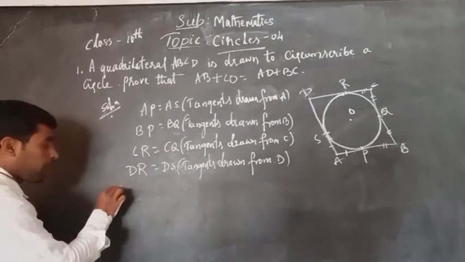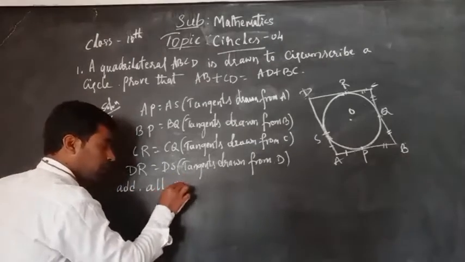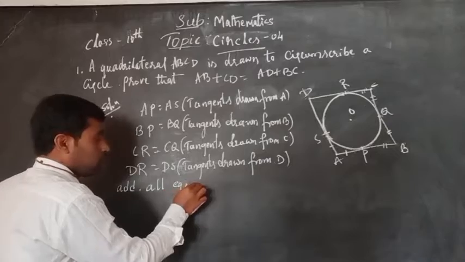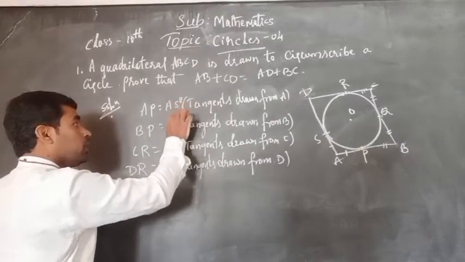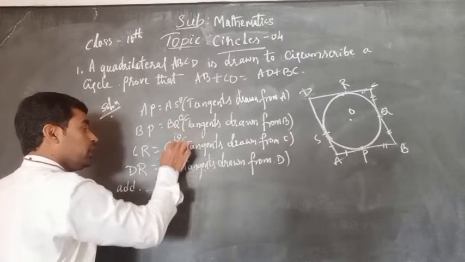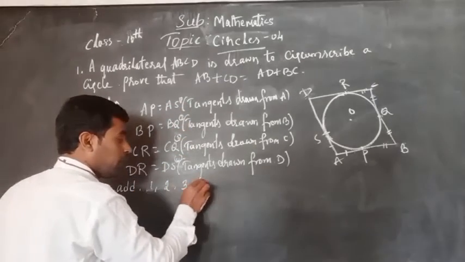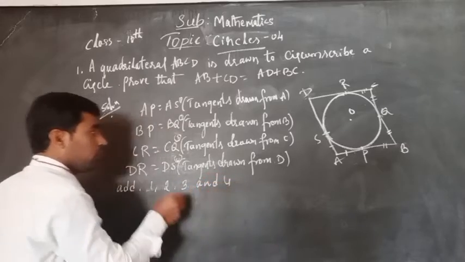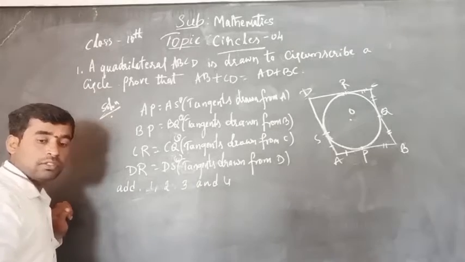Now, add all equations. You can give names, for example equation number 1, equation number 2, 3 and so forth. Add 1, 2, 3 and 4. While adding, we have to add LHS with LHS and RHS with RHS.